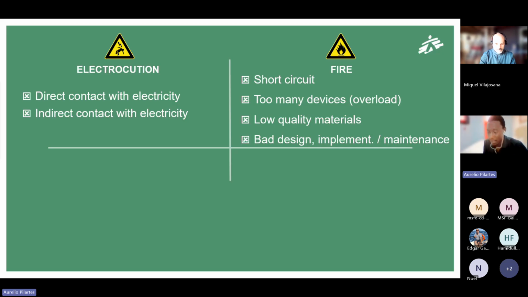If your system is designed that way, there's a big chance you may have fire. And lack of maintenance as well, because it's always good to provide maintenance in the system. Always check the connections, make sure they are very well tight, because some connections can become loose with time. When a connection becomes loose, it generates sparks, which could easily lead to fire.